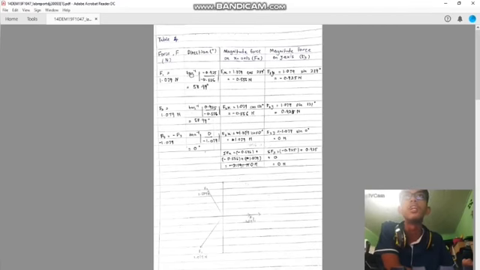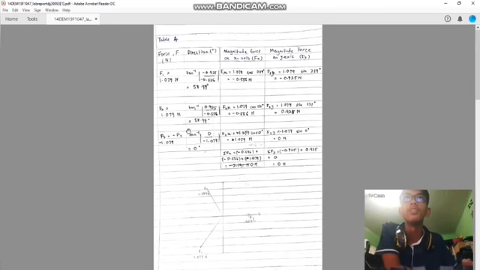And then we get direction, then tan negative 1 bracket 0.925 per negative 0.556. Okay, the F2 is also the same.